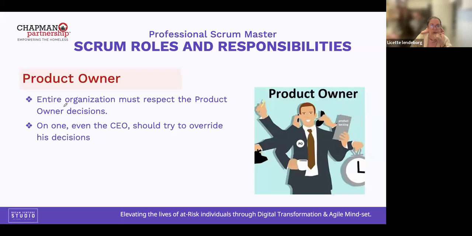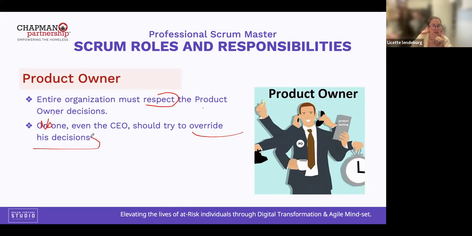So the product owner must be respected. The entire organization must respect the product owner's decisions. No one, even the CEO, should try to override his decisions.